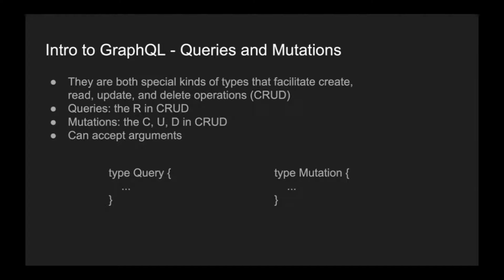Basically, the idea is that the query is going to represent anything that will read data, which would be the R in CRUD, and then mutations are going to represent the create, update, and delete in CRUD. So mutations are going to be dealing with anything that modifies data or creates it.